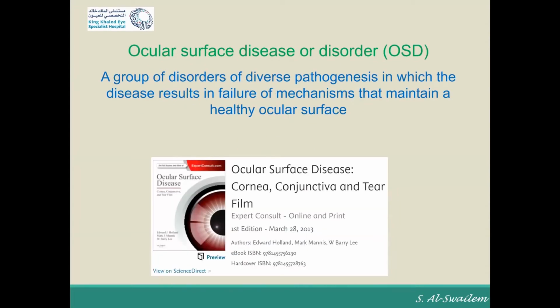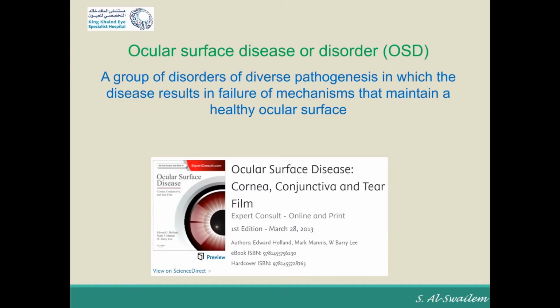What about the other definition? We call it ocular surface disease or ocular surface disorders. The abbreviation that we use is OSD. It's a group of disorders or diseases of diverse pathogenesis in which the disease results in a failure of mechanisms that maintain a healthy ocular surface.